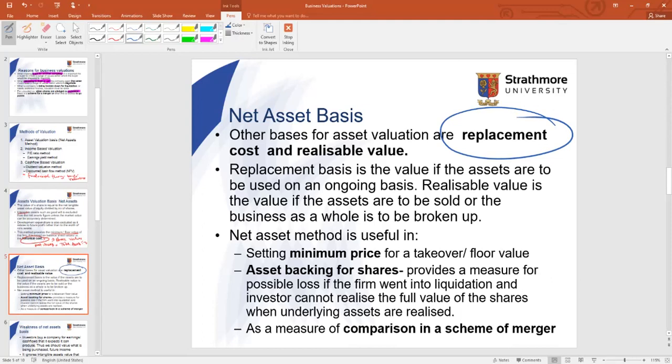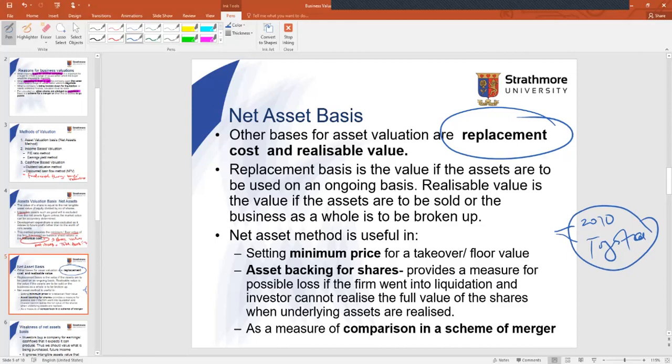If you have a motor vehicle worth 10 million, bought in the year 2010, with a certain model, Toyota this and that, and you have to replace that same exact asset from the market, how much is the market willing to sell it to you for? So that's the concept of the replacement cost basis. If we are to replace all your assets, how much would you be paying for them? How much is the market going to be asking for those assets? If we go to the market and seek exact assets, that's the use of the replacement cost basis.